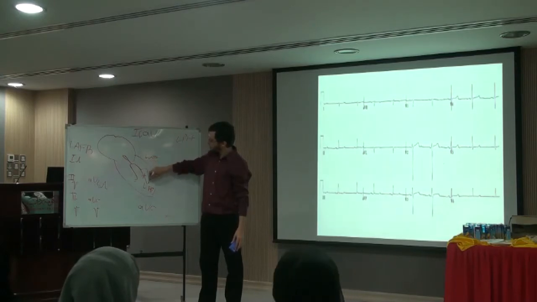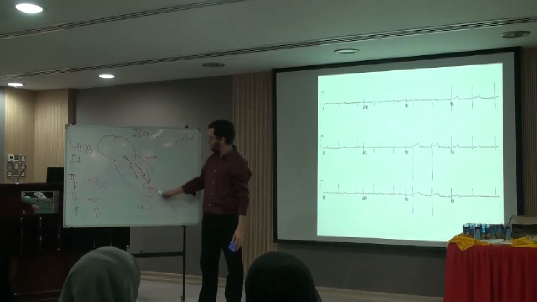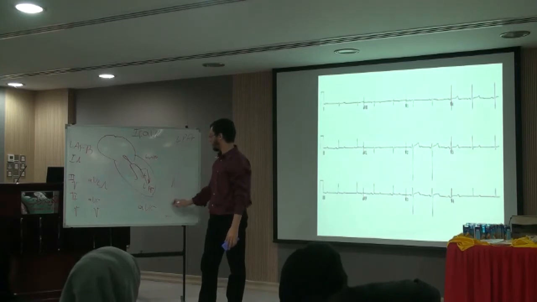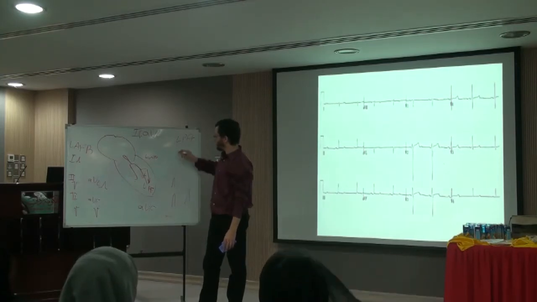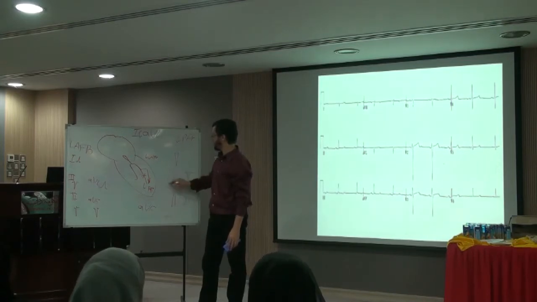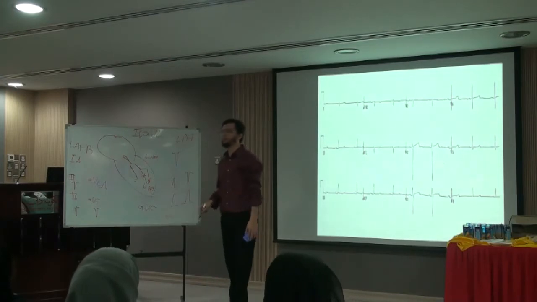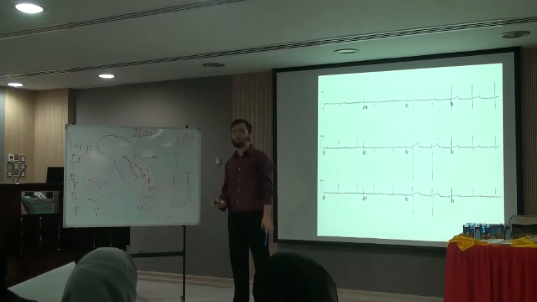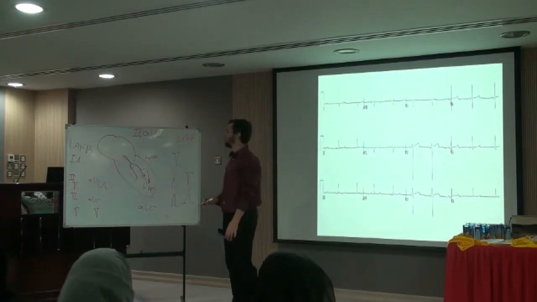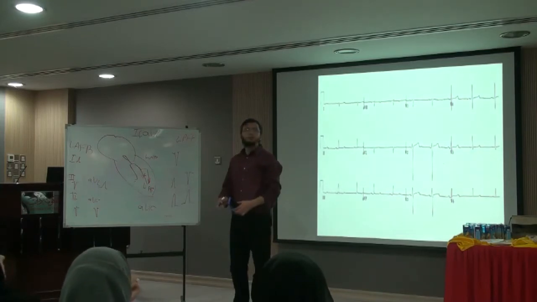So this is unopposed activation downwards. So it will be positive in 2, 3, AVF, and negative in 1 and AVL. Yeah? Easy? Alright.